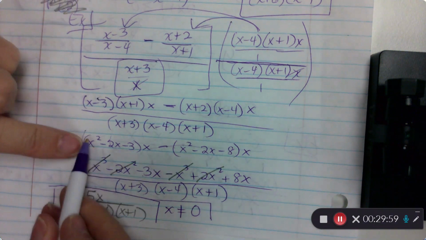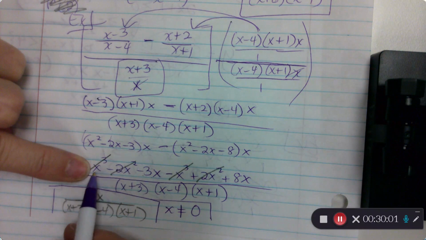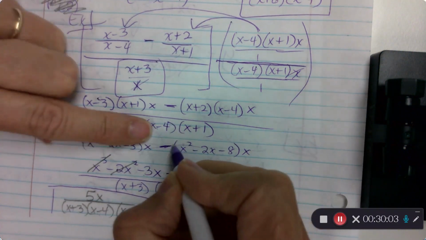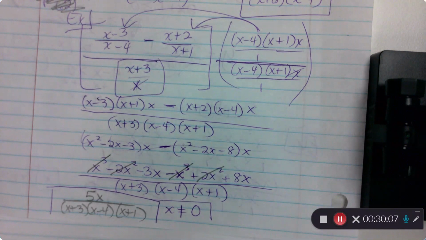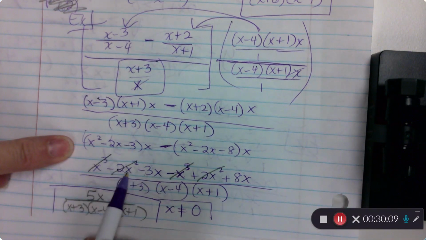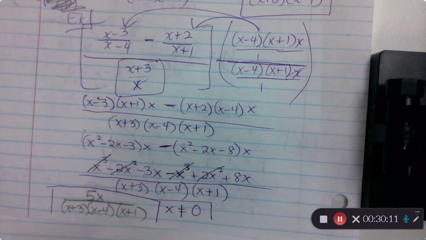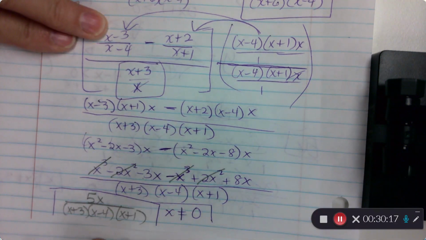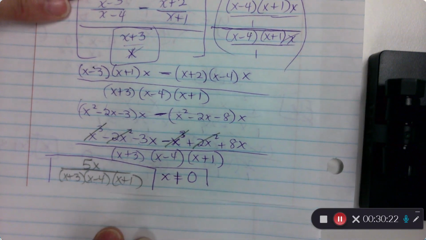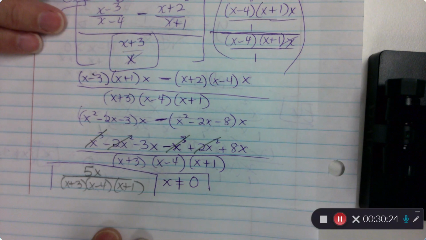Because there was a positive x cubed here, and when I distributed that negative sign, there was a negative x cubed. Same thing with the negative 2x squared and then a positive 2x squared. That's as ugly as it gets, I believe. The square on the row above it was marked out, or that's supposed to be.